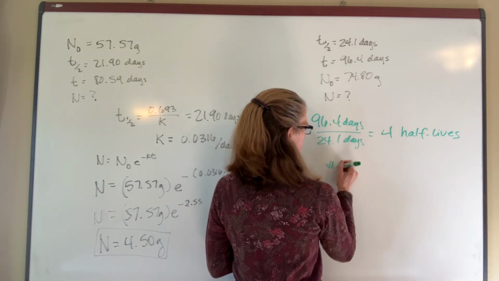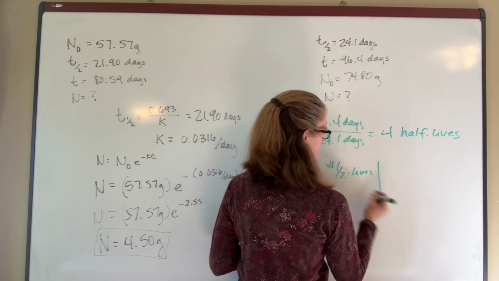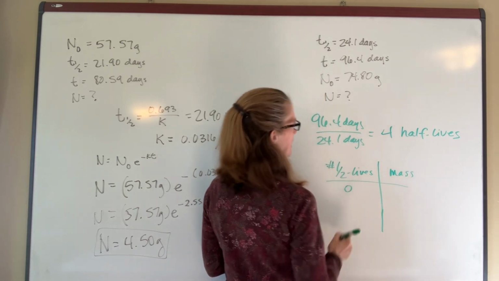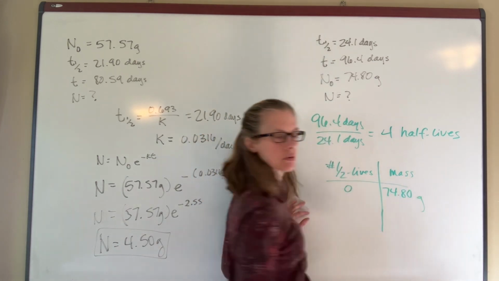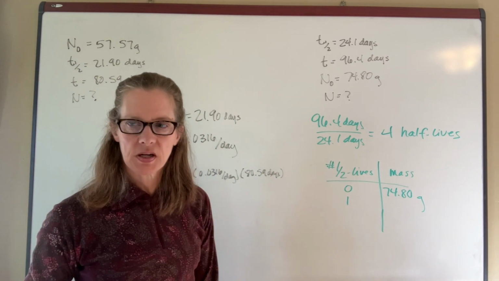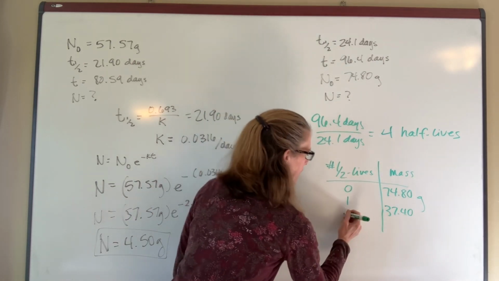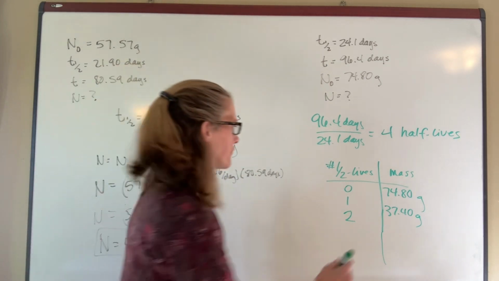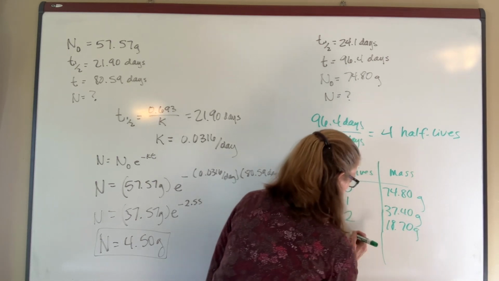So here, if I say this is my number of half-lives, and then here's my mass, before any half-lives have passed, I had 74.80 grams. Okay, after one half-life passes, that number is going to get divided in half. So that's going to be 37.40 grams. If I have a second half-life that's passed, I'm going to divide it in half again, and I'm going to get 18.70 grams.